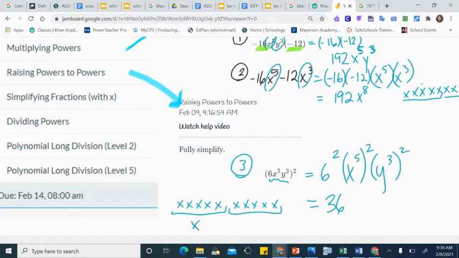That's x to the fifth times x to the fifth. Now, how many x's are being multiplied there then? 10 of them. So if you'll notice, if you have the same base, but you're taking a power to a power, then you multiply the exponents.